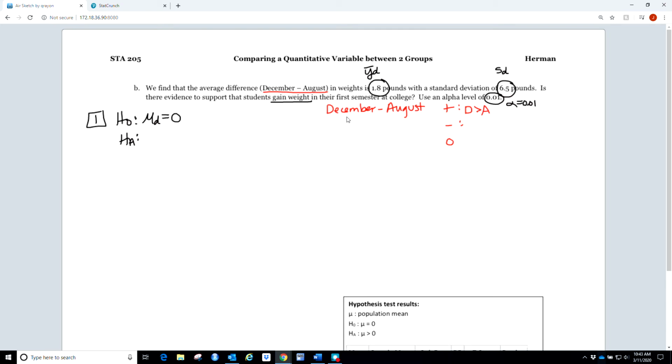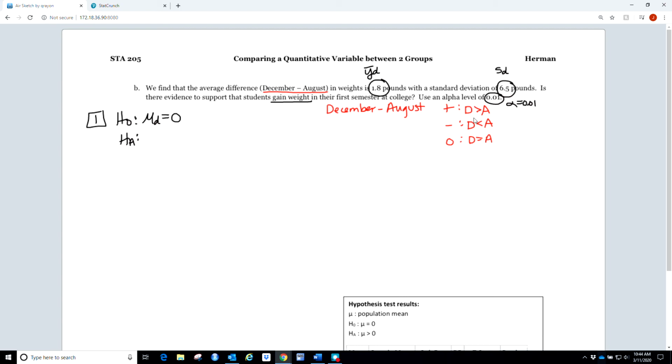If I got a negative number, December would be less than August. And if I got 0, that would mean that the two equal, which is where the idea of the null hypothesis is coming from. Now, if a student gains weight, which value should be higher, the December weight or the August weight? Well, the December one would be bigger than August.